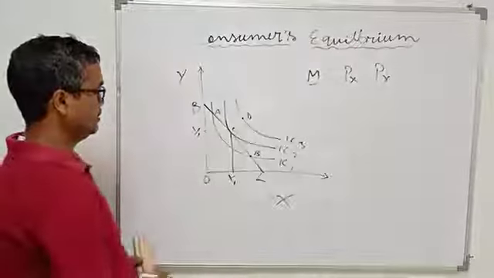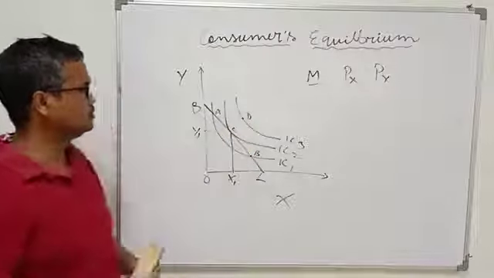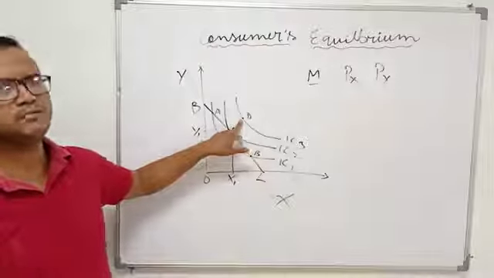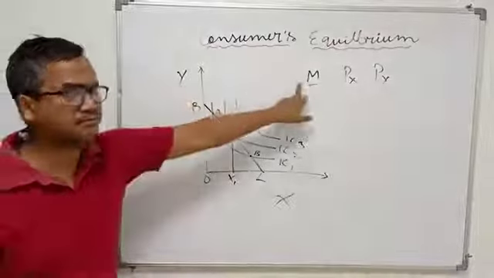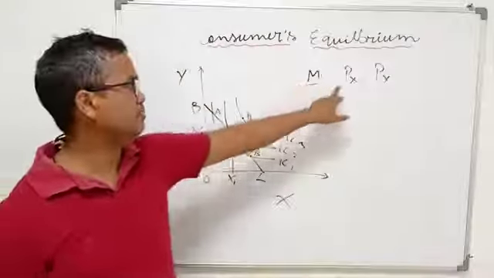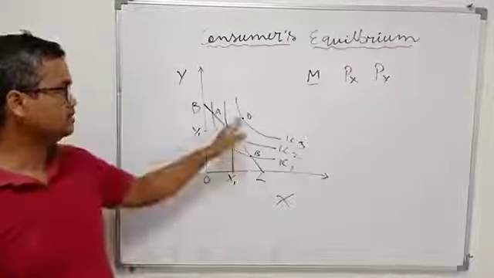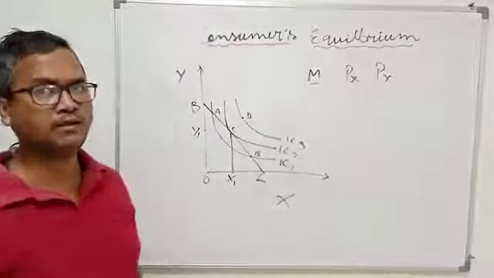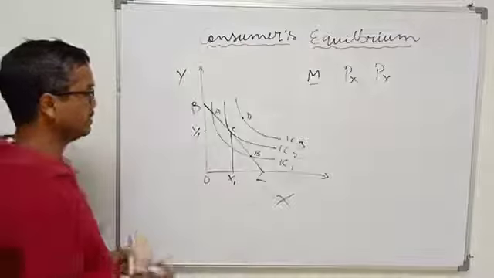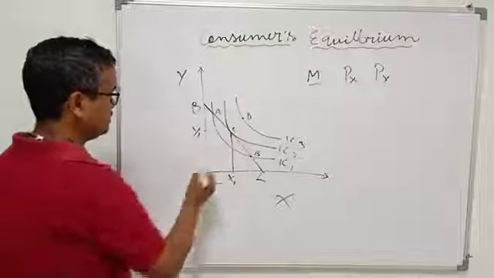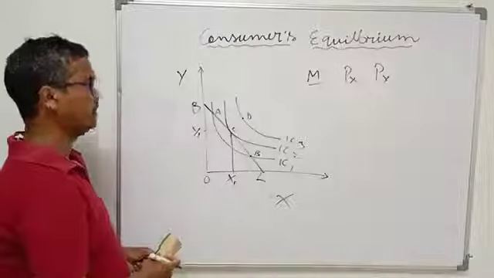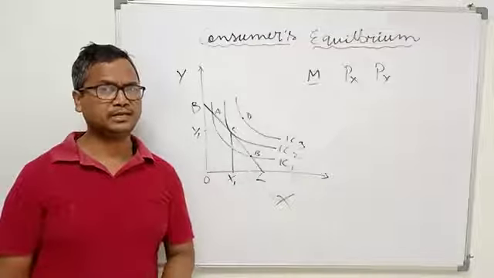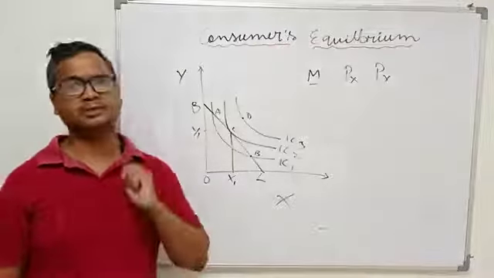Now if the consumer could choose combination D, definitely his or her satisfaction level would be even more. But given the budget constraint, money, price of X, price of Y, the consumer cannot attain this combination, because it is out of his or her budget. So from here we can say that point C is the equilibrium. Equilibrium is a point where there is no tendency to fluctuate from that point.